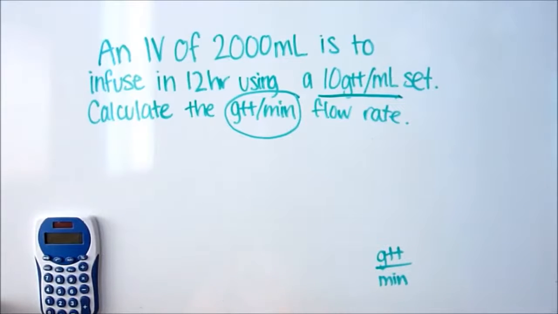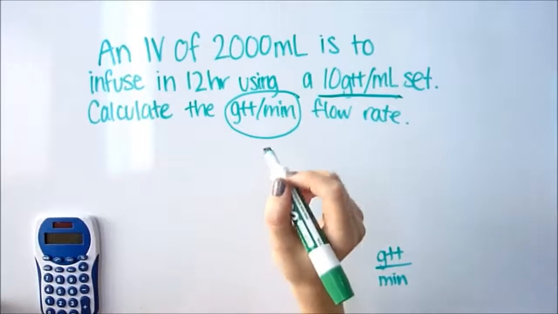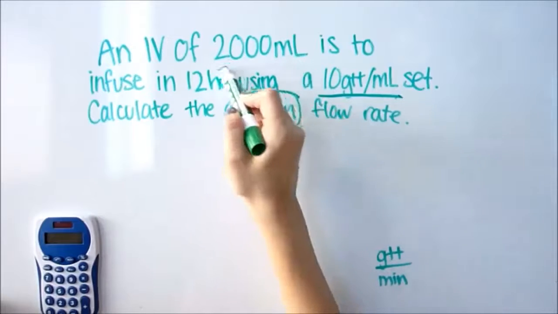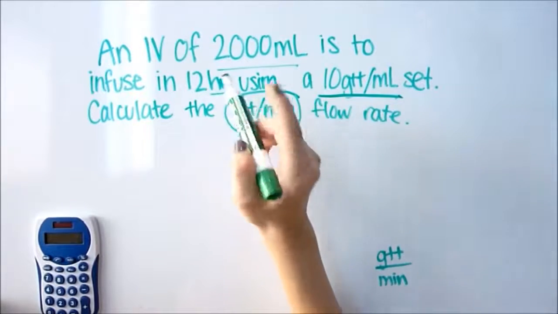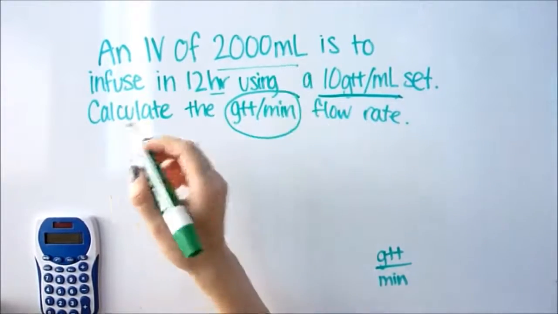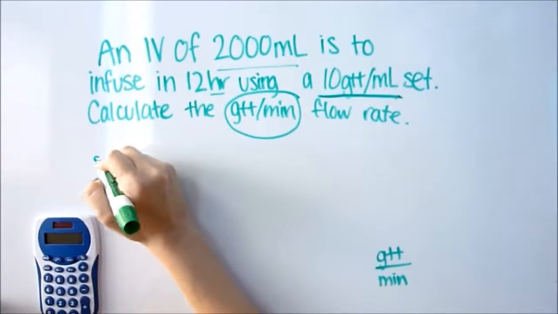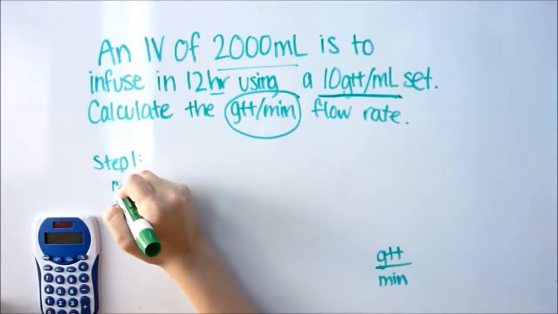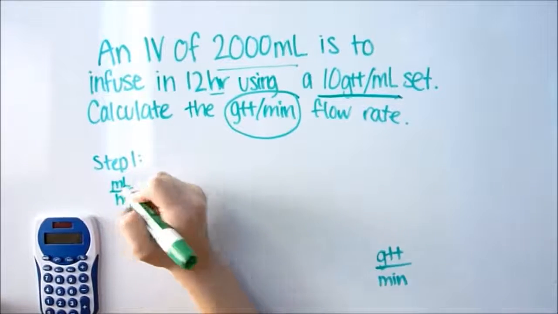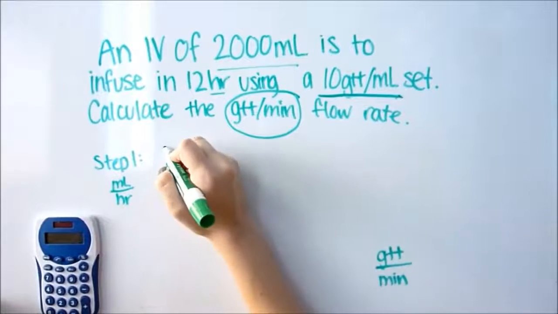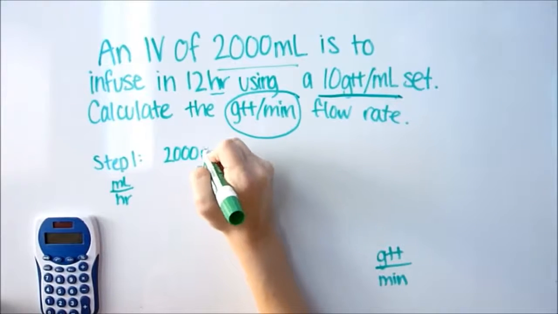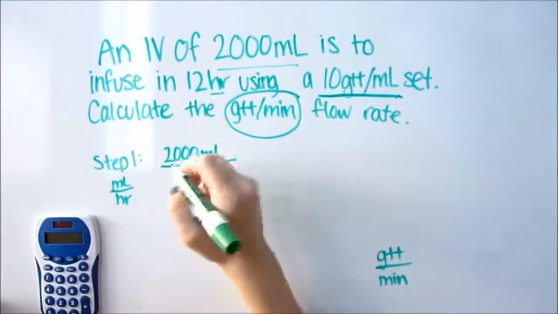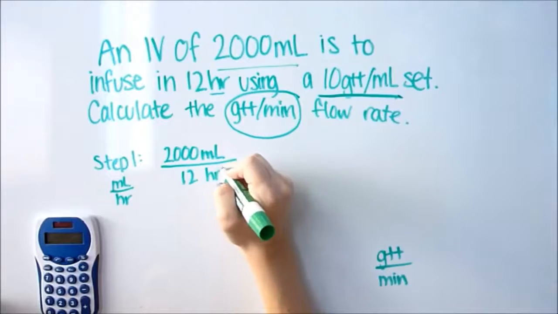My next step is figuring out how many mLs we are infusing in just 1 hour. So step number 1, we're going to find out how many mLs we are giving in 1 hour. We take 2,000 ml divided by 12 hours.